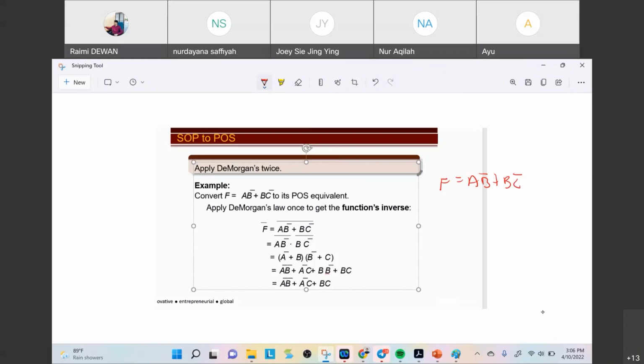So what you should do is that we put the inverter first. Then from De Morgan's theorem, if we break this, this becomes multiply, right? So A multiply this one. And then De Morgan's theorem, we apply again. This one can be further broken into plus.